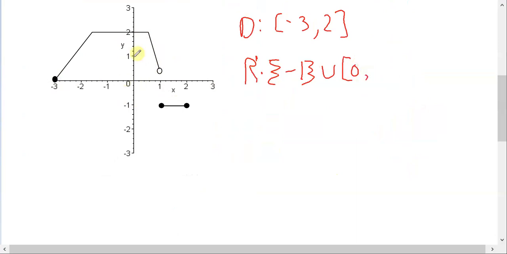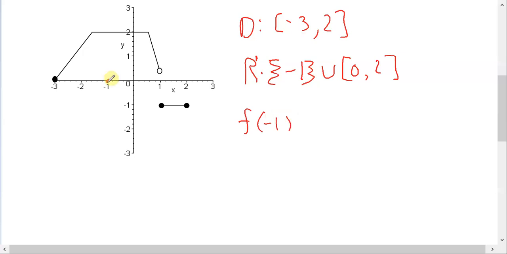That's included. And you go all the way up until you reach 2. And then there's nothing beyond that, nothing else down below. So that's my range values. So again, it's a snapshot of which x's are being plugged in and what are the y's that are then coming out. But I can also do things like I can ask, what is f of -1?